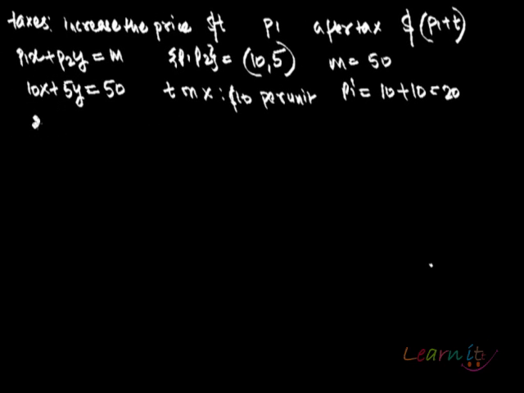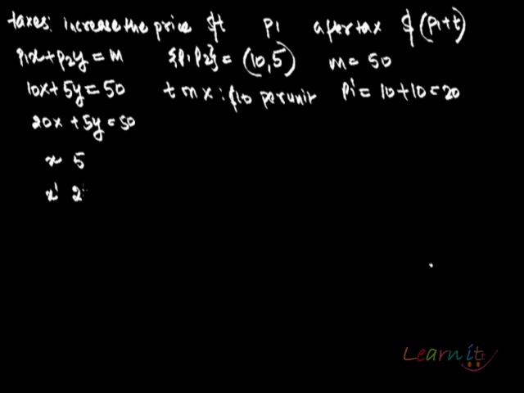And the new budget line would be 20x plus 5y is equal to 50. Earlier, if you were purchasing only x, then y would have been 0, so x was 5. Now after tax, if y is equal to 0, then x would be equal to 50 upon 20.